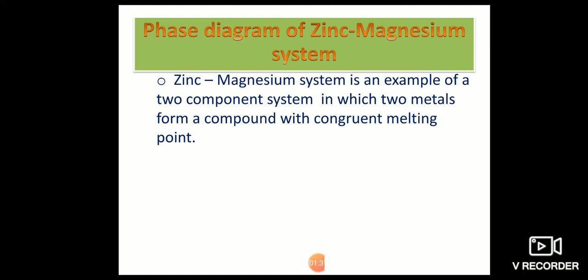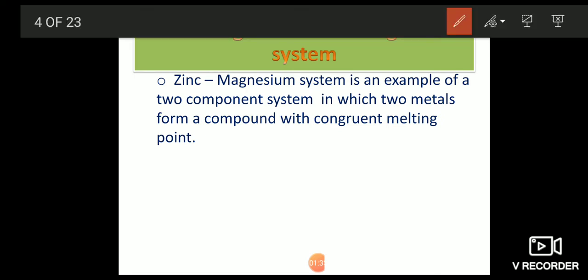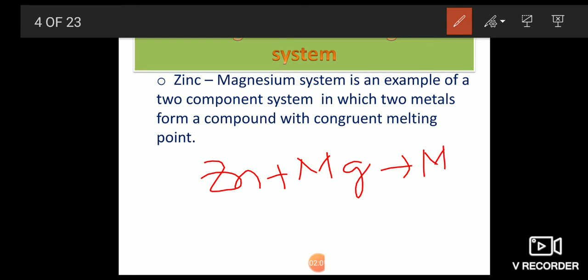Here if we observe, the two metals are zinc and magnesium, both are solids and metals, both are miscible. They form a melt on mixing, and at particular composition both of them form a new compound which is having congruent melting point, that is Zn and Mg at particular composition form a new compound called MgZn2.